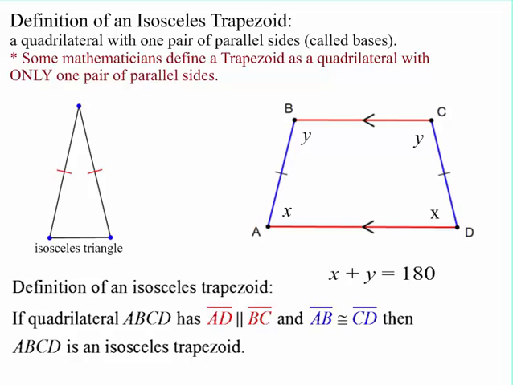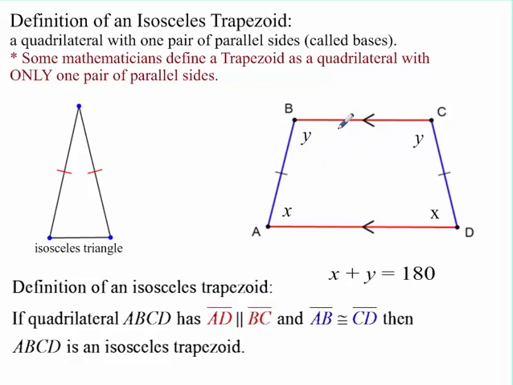Let's see. Definition of an isosceles trapezoid. If we think back to when we learned about an isosceles triangle, the two legs were congruent. Well, an isosceles trapezoid is a trapezoid. It has two base sides, the two sides that are parallel to each other, and the legs are congruent, just like an isosceles triangle.